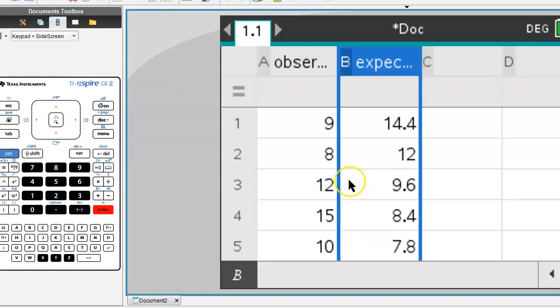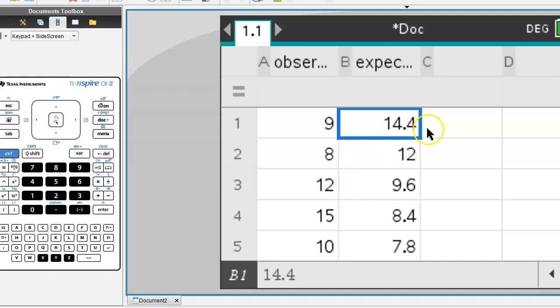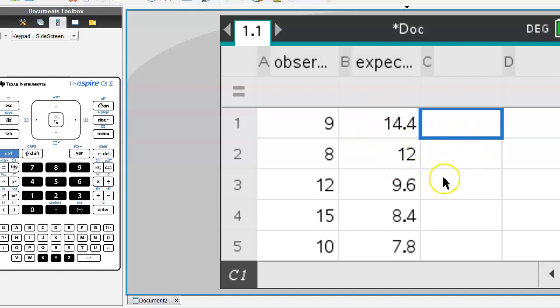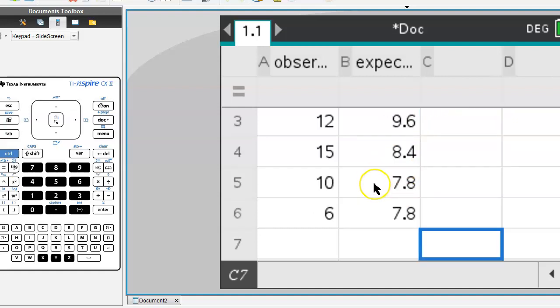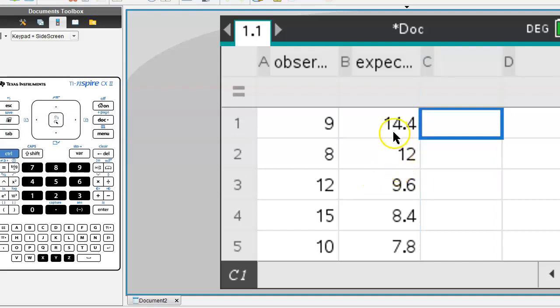Now, you'll notice I'm inputting the actual expected counts here. Sometimes you'll be given a problem that doesn't give you the actual expected counts. It'll give you the proportions. What you may have to do is input the proportion that is given times the total number of M&Ms that you have in your sample so you can see what to expect.